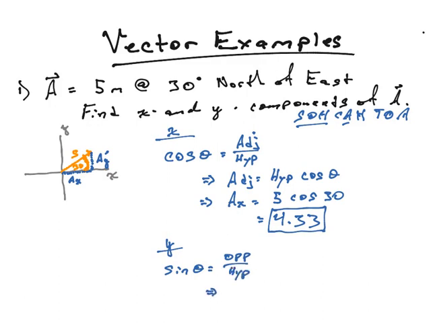So again, I want the opposite side, so this says opposite is hypotenuse times sine theta. Opposite for our particular problem is called A_y, that's the y component. Hypotenuse is 5. Sine of 30, because the angle is 30. And again, I plug this in my calculator. 5 times the sine of 30 is 2.5. And now I have my y component.